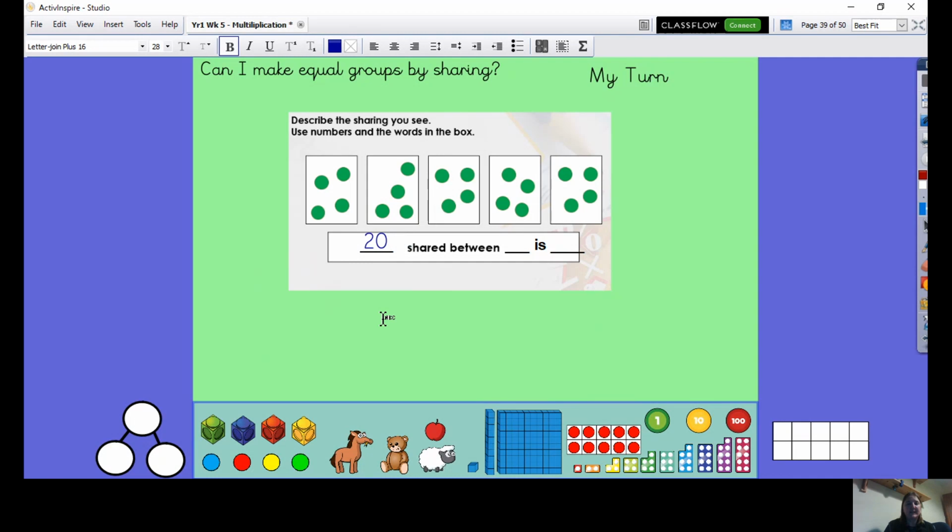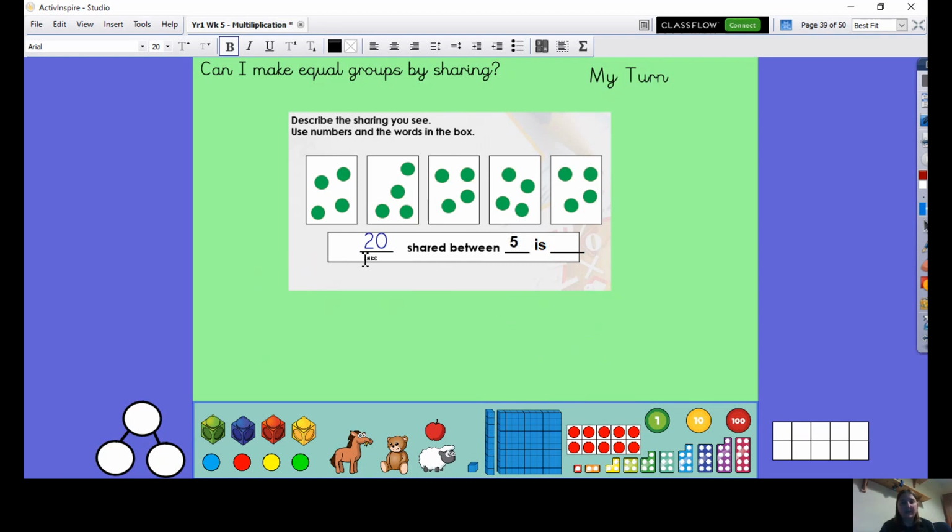So I've got 20 shared between. So how many groups were there? So I've got 1, 2, 3, 4, 5 groups. Oh, I might do my 5 down here. 5 groups. Okay.